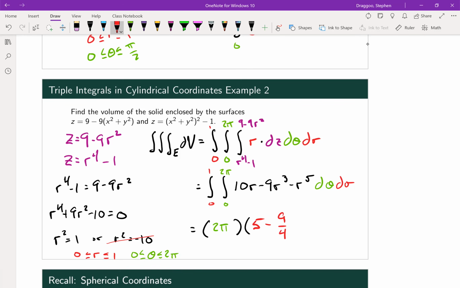And integrate r to the fifth, we should get r to the 6 over 6, plug in 1, and we get 1 over 6. And that should be the value, or the volume, of that region.